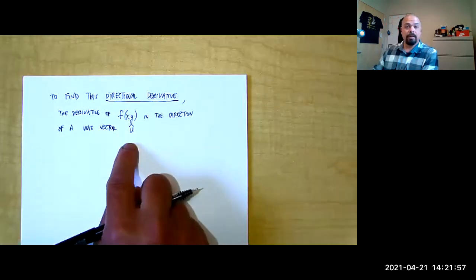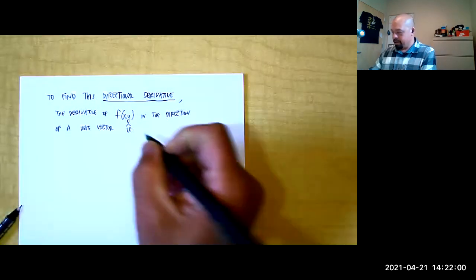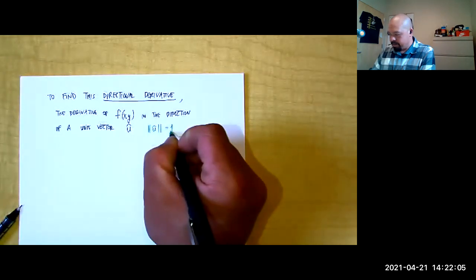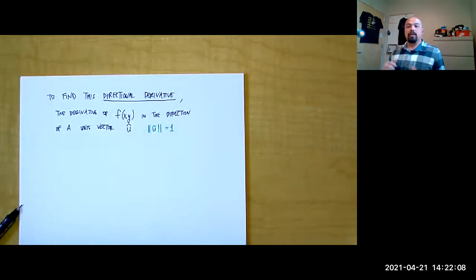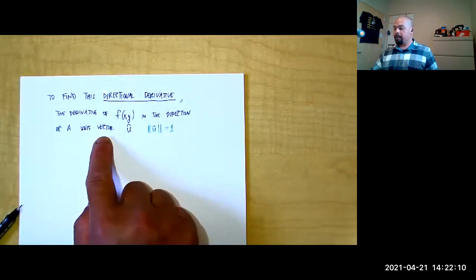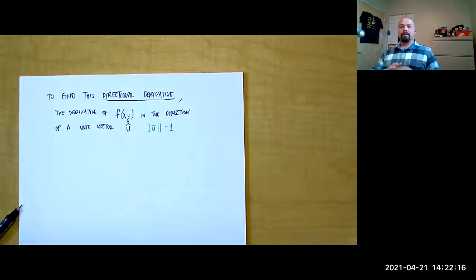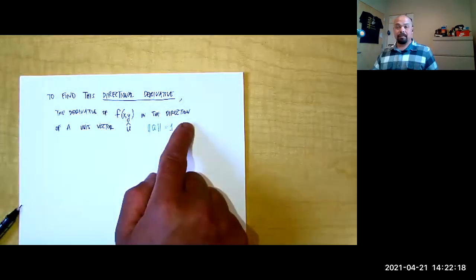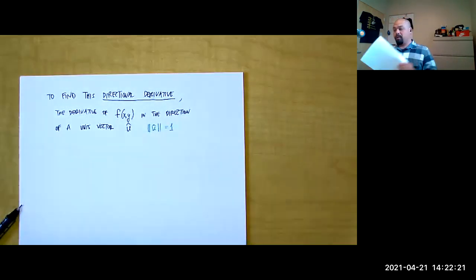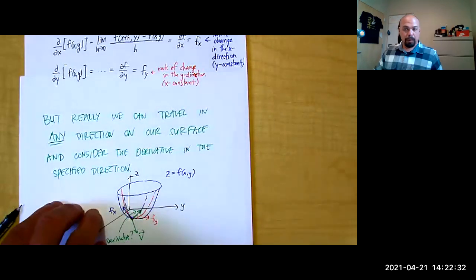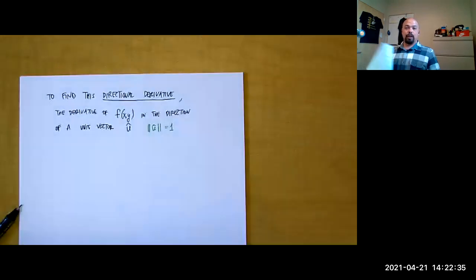Remember the little hat notation makes it a unit vector, magnitude 1. The reason why we need this unit vector is because we're only worried about that direction. Regardless of whether that vector v we had before might be some really long vector or a really short vector, all we're really concerned about is what direction we're facing. So that's why we can normalize, if you will, and reduce that down to a unit vector.